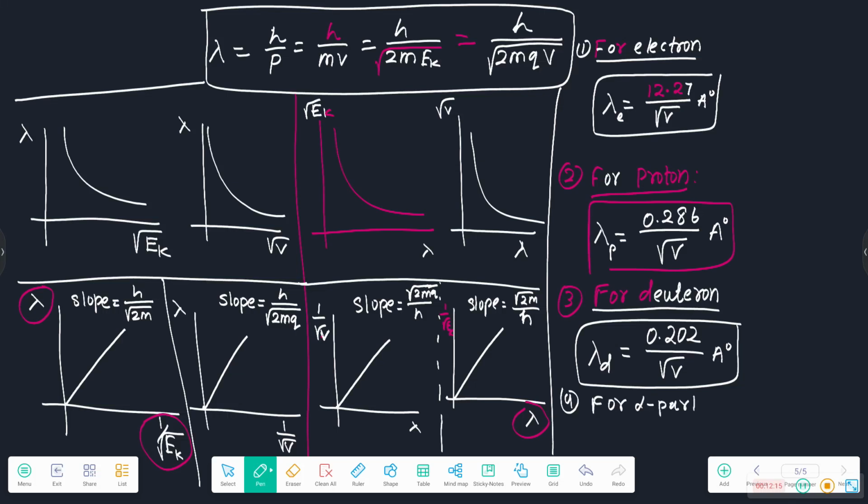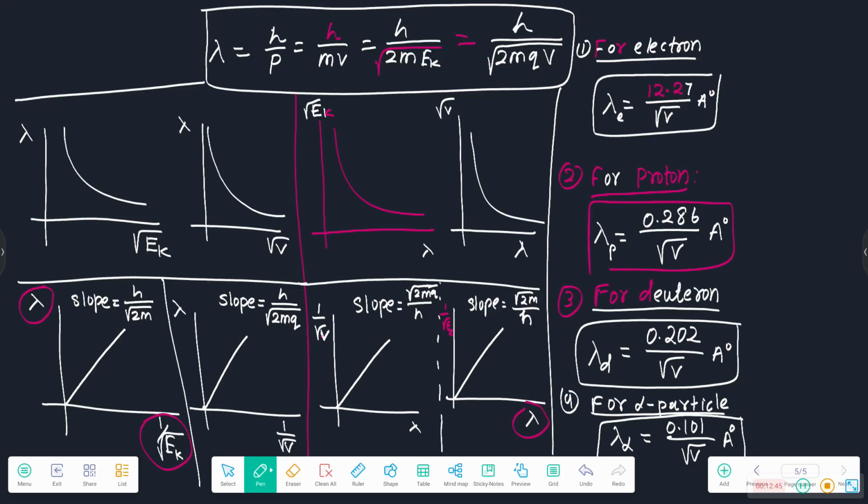Lambda alpha is 0.101 by root v angstrom. Yes or no? So that also remember. Clear? So all these values you remember.